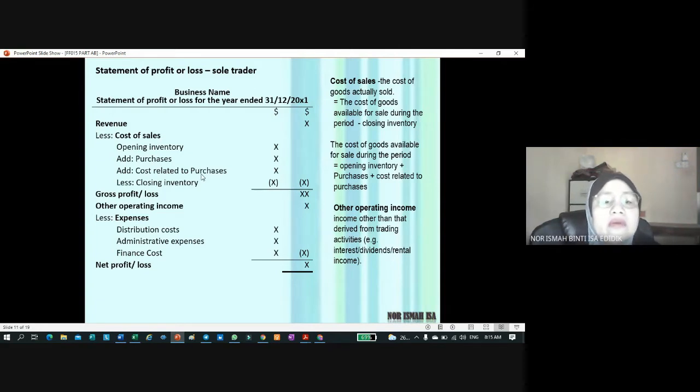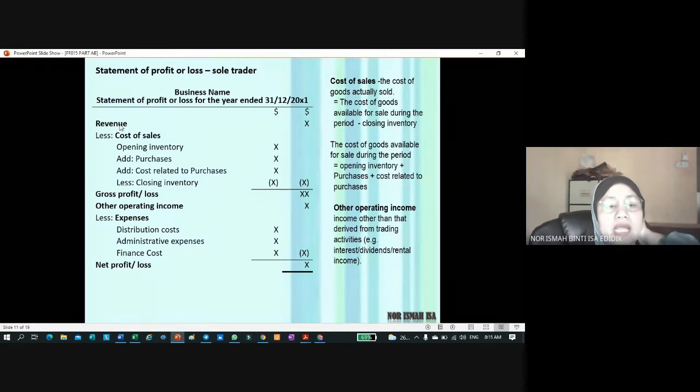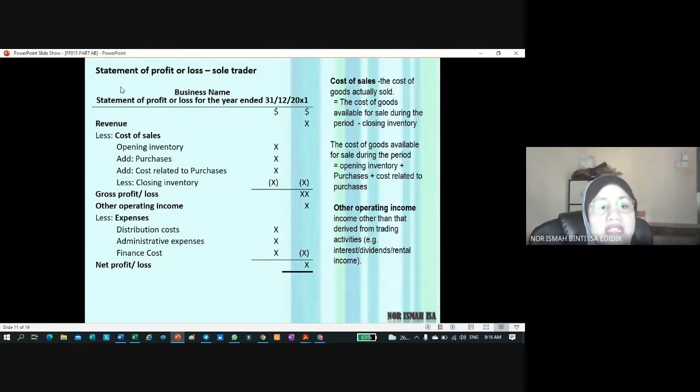As for the statement of profit or loss, there are also contra accounts. The contra account for revenue is, for example, the one that causes revenue to decrease: sales return, where the customer returns the goods that were sold. Sales return, another name for it is inward return, is the contra.